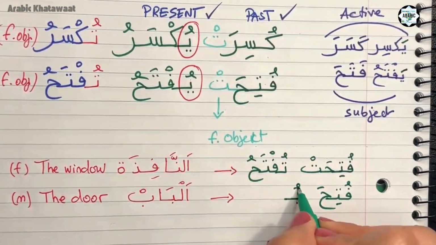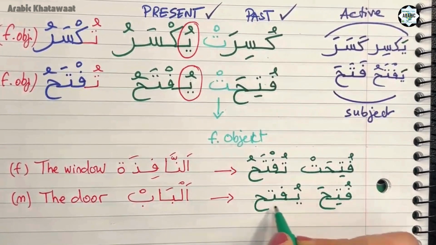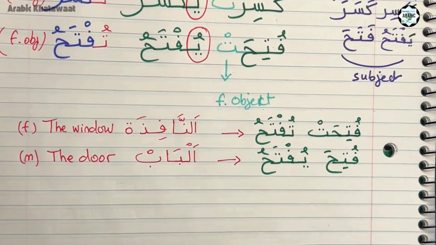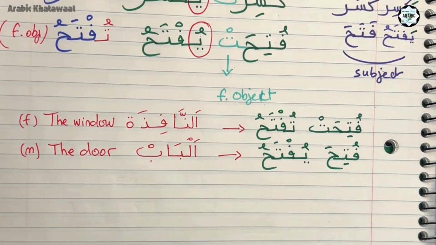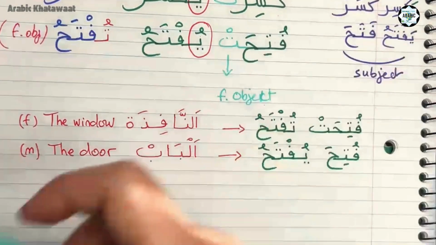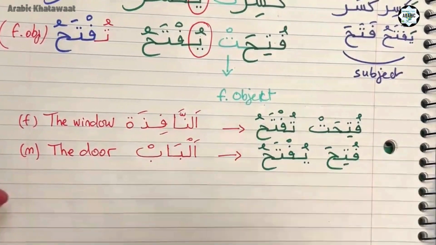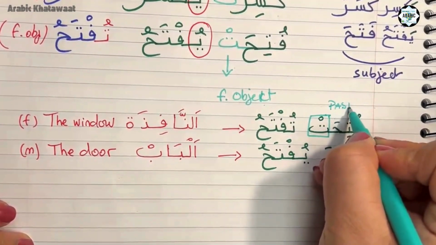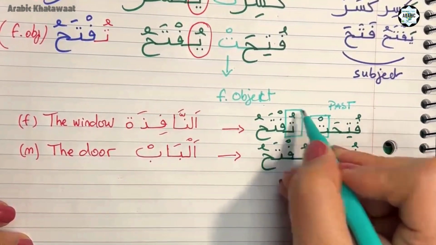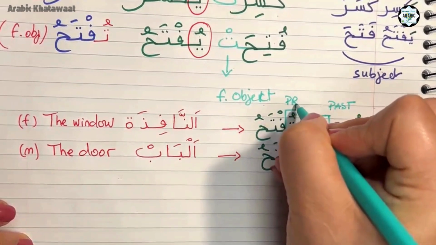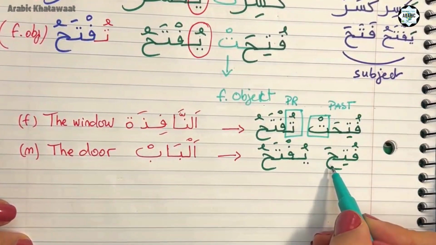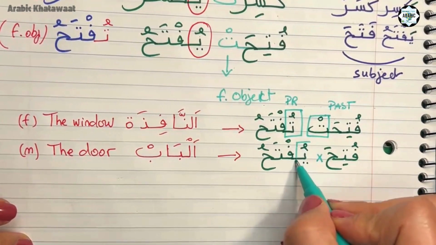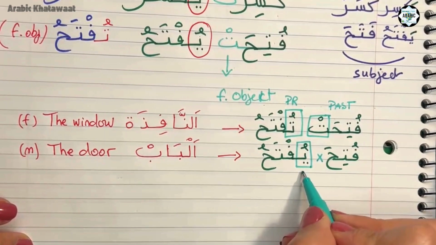And then we would say يفتح الباب. Pay attention to this one here. This is the feminine part at the end of the past tense. This is the feminine indication at the beginning of the present tense. فتح has nothing here, but once you put it in the present tense, it has the ya for he.